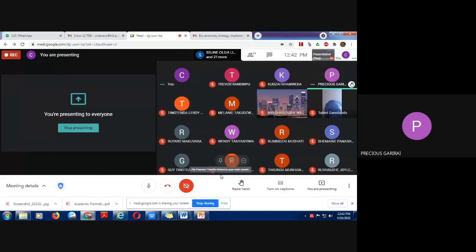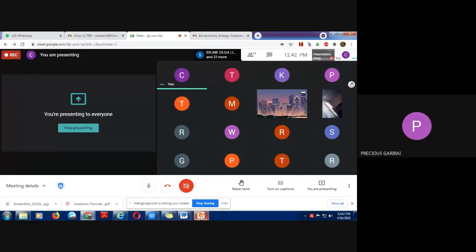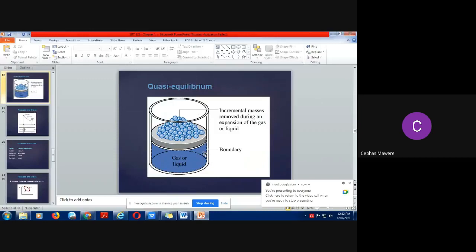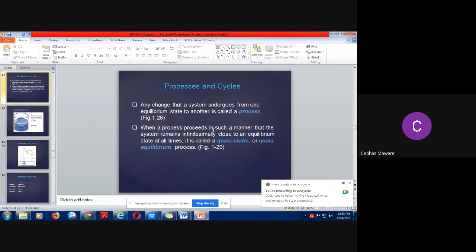Yes. All right. So in this case, looking at this example, the incremental masses are removed during an expansion of the gas or liquid. What will be happening is that as the system is moving from one equilibrium state to another, that is a process, right?